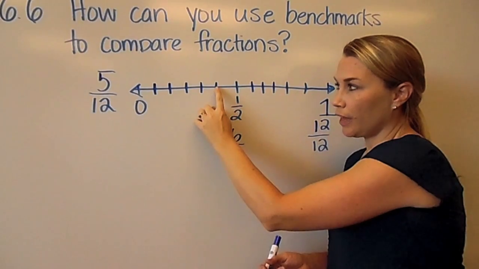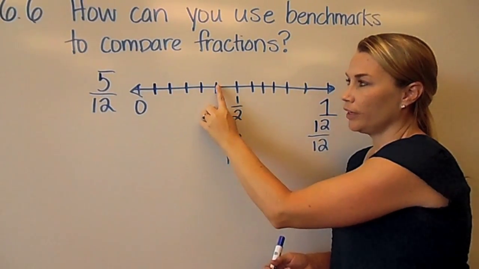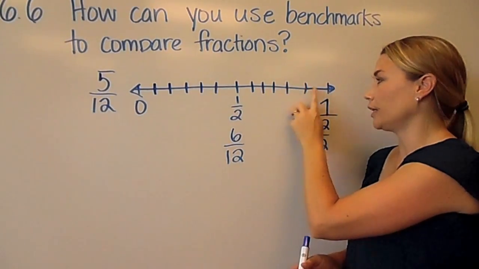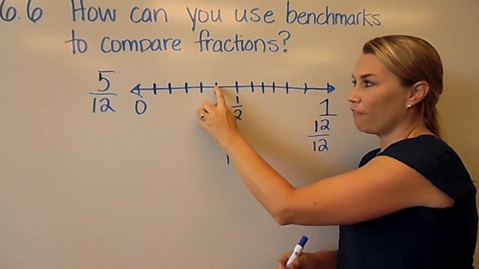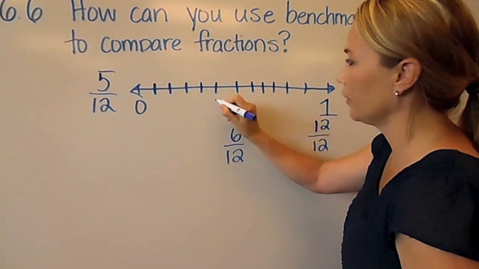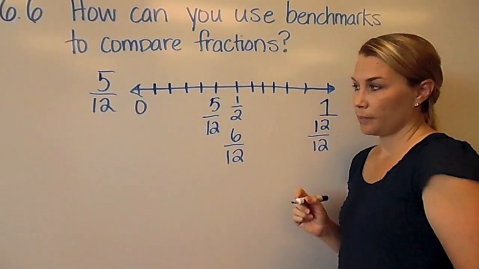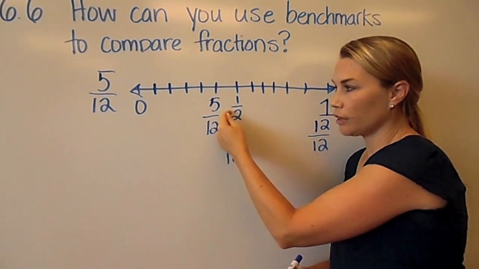Because this is the fifth line out of 1, 2, 3, 4, 5, 6, 7, 8, 9, 10, 11, 12 lines. So my fifth line, 5/12 would go right here. So using my benchmark, I can see that 5/12 is close to 1/2.